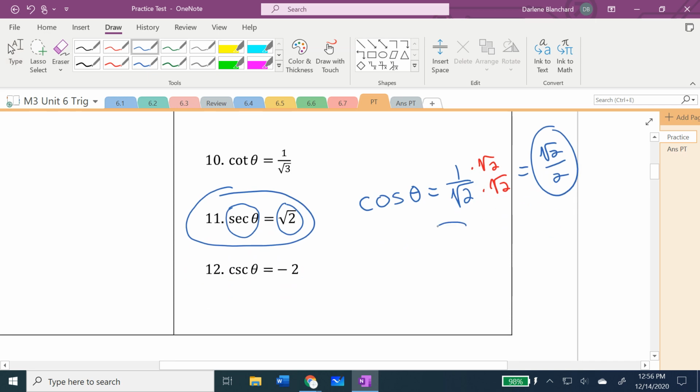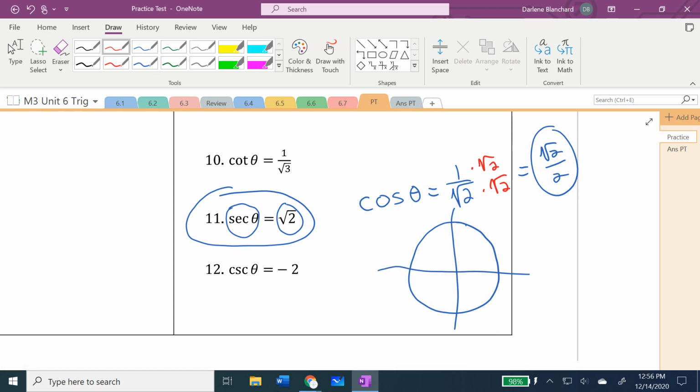Then when you look at your unit circle, and you are allowed to have notes on your test tomorrow, when you're looking at cosine, you're going along the x coordinates. x equals 1 over 2, x equals root 2 over 2, ding, ding, ding, and x equals root 3 over 2. And that takes us to the 45-degree angle, and 45 degrees before 360.